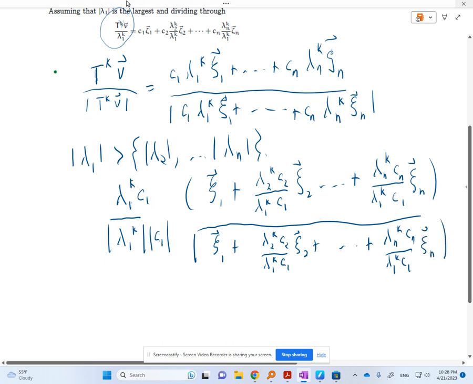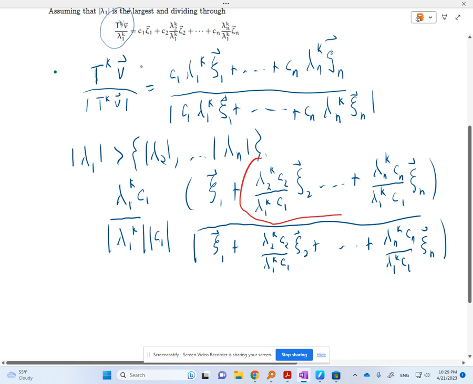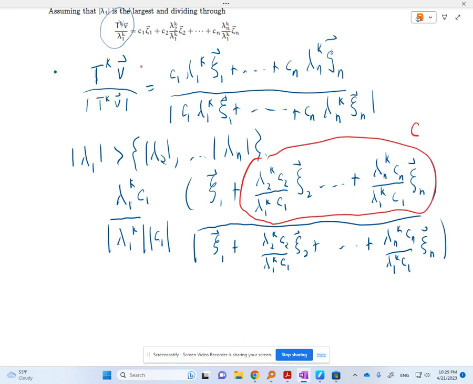Okay, now I'm going to take this extra vector that's the same on the top and the bottom, and I'm going to call that epsilon vector.